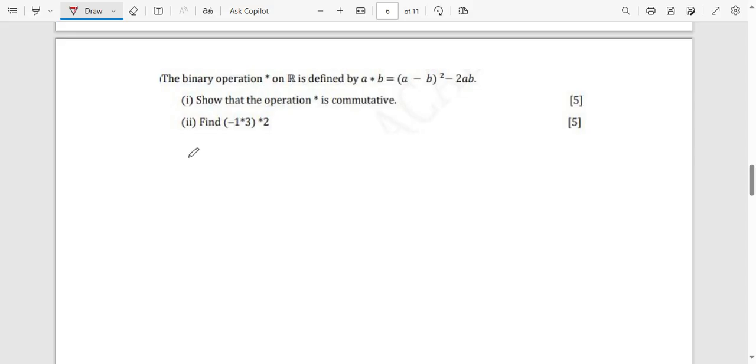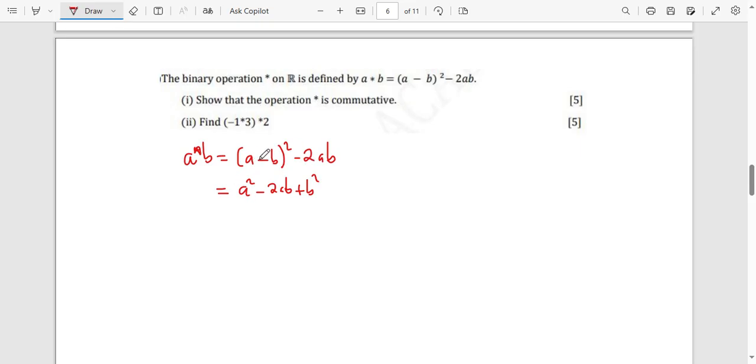Okay, so let's start with A star B. A star B is what we have already been given. That is (A minus B) squared minus 2AB. Now I just want to simplify this. Remember, (A minus B) squared, if you expand it, you get A squared: get the A, you square it; get a power 2, you multiply with the A and the B inside, but remember the B is negative, so that will give us negative 2AB; and then get the B, also square it, so it becomes positive B squared.